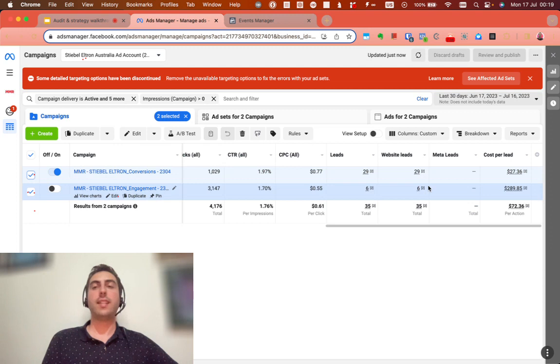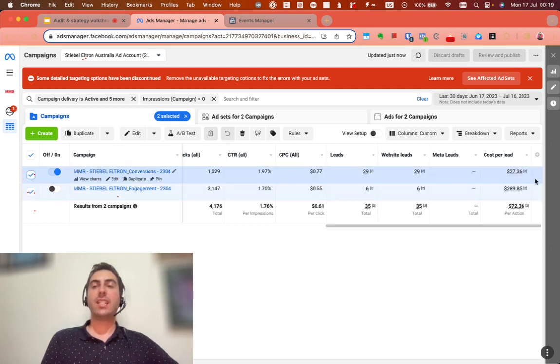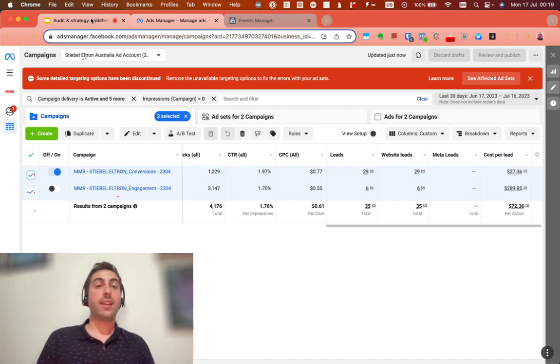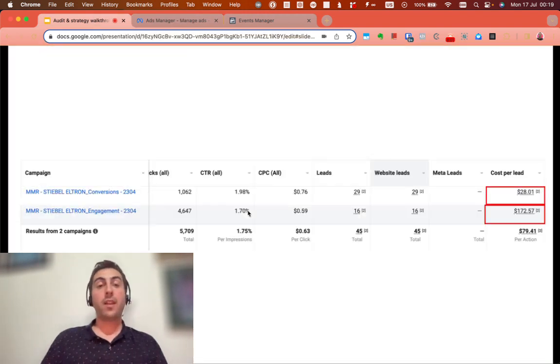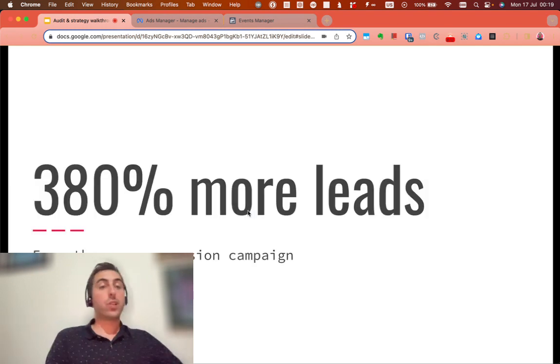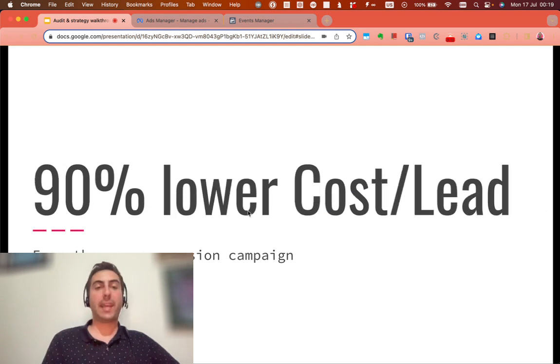That's 29 leads in the past 30 days and a $27 cost per lead. So that is really quite a lot better. And in fact, that is really quite a good performance. So we're seeing a 380% higher volume of leads from the conversion campaign, and we're seeing a 90% lower cost per lead.